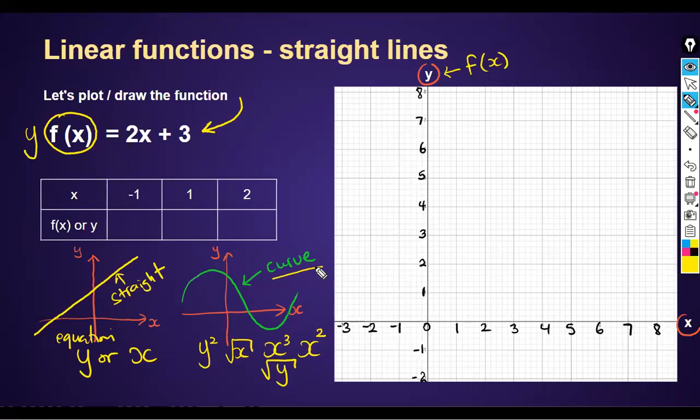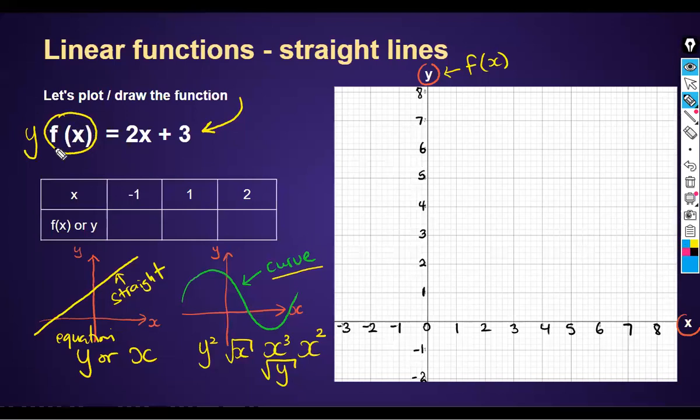So based on what I just said, this equation that I am asking you to draw, remember f(x) and y are the same thing, I have just given you y is equal to 2x plus 3. Will I get a straight line or a curve if I attempt to draw that? Well, what do you all think? It's definitely going to be a straight line because look at it.